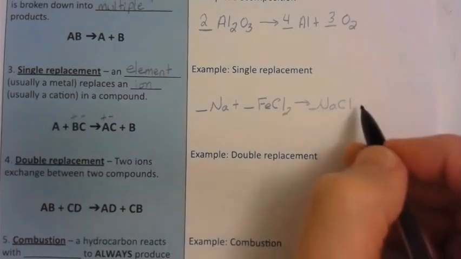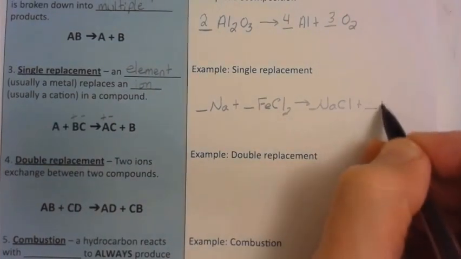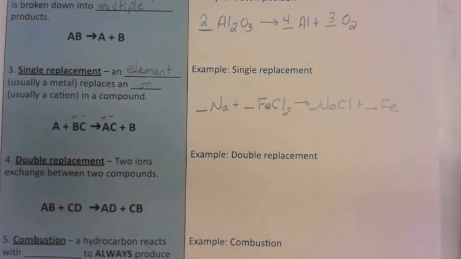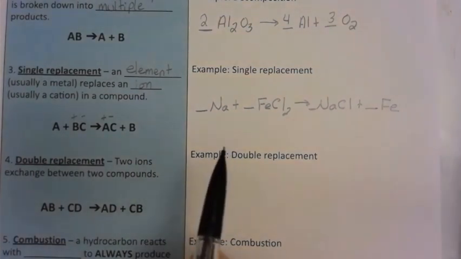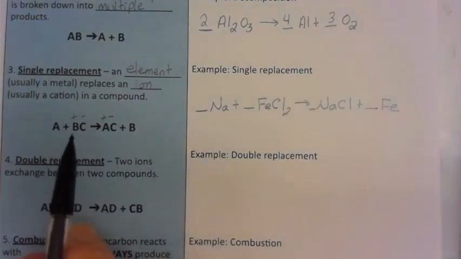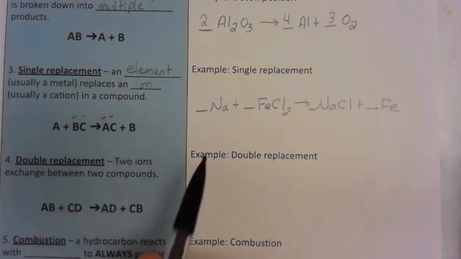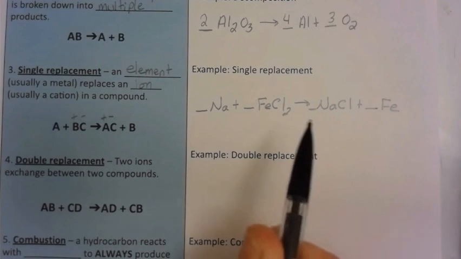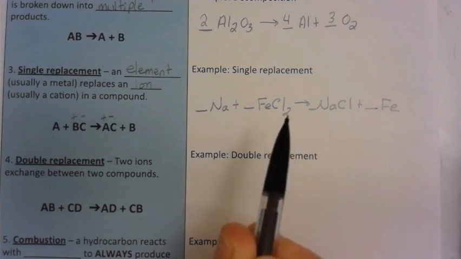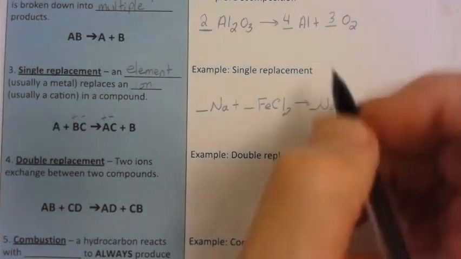So iron's now going to be over here as the element by itself. So a single replacement reaction is identified as an element plus a compound producing an element plus a compound. So for here, this reaction is mostly balanced, except we have 2 chlorines going in, so we need 2 chlorines coming out.